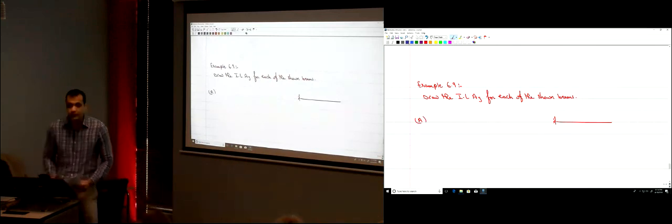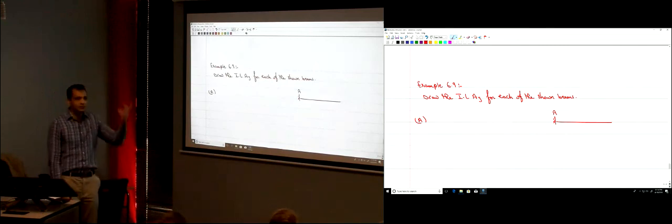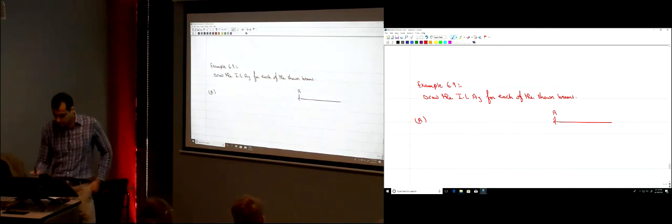First, we have a cantilever beam. How to draw the influence line here using the Muller-Breslau principle? This is point A. Push it up in the direction of AY. Push the beam up.